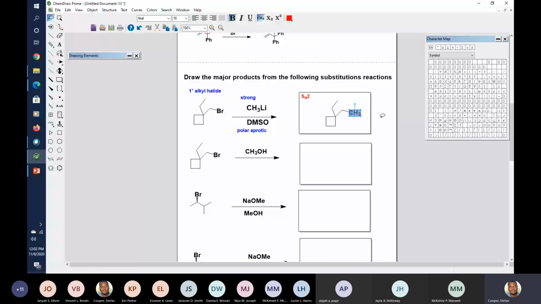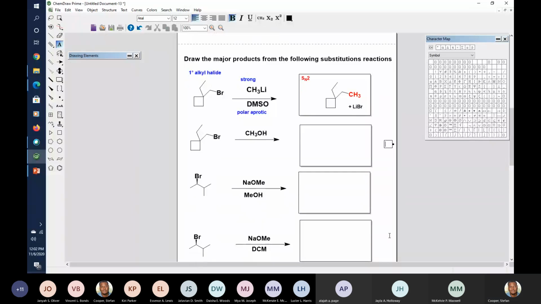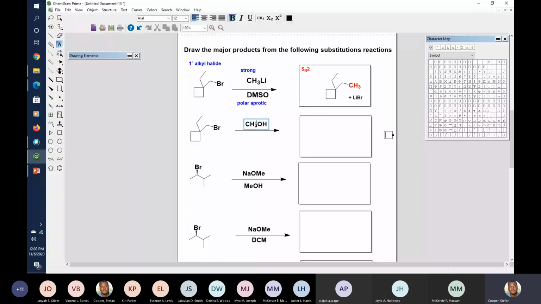I'm going to replace the carbon-bromine bond with a carbon-methyl bond. That's the nucleophile. The byproduct, if this helps students, is lithium bromide. The lithium and the bromide are going to form lithium bromide. We can talk about the mechanism at a different time.